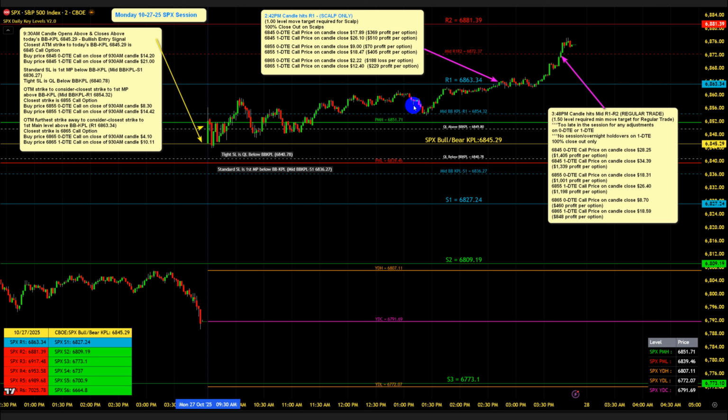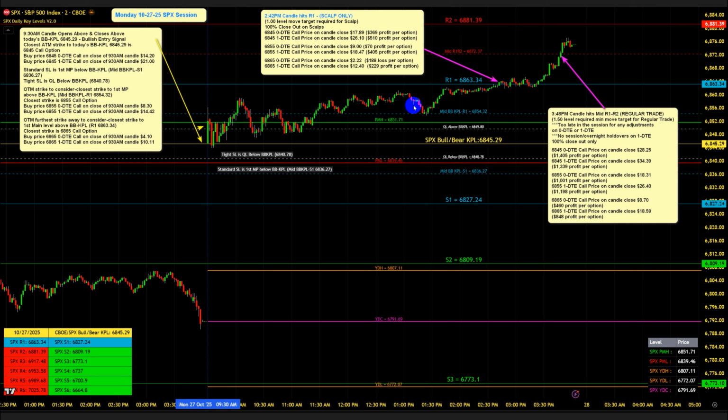So the point I'm trying to make in all this is that if you want to be in a position where you can let the entire session play out, and you want to have the option of not having to look at the clock so much with the 0 DTE options, especially if you're not getting very much movement and we're going past lunchtime, then you're better off using the 1 DTE options.